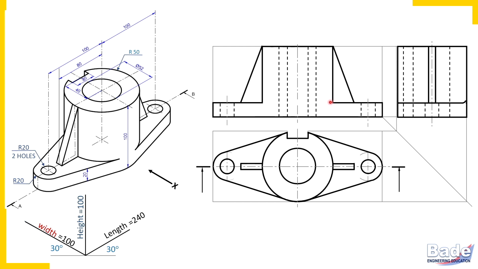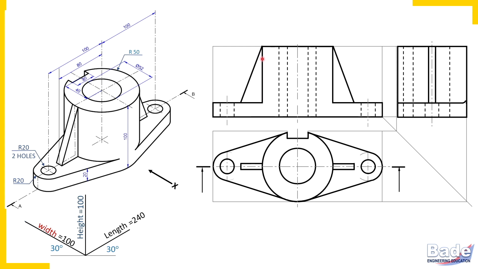So remember, the boundary between two portions is to be erased. It will not appear in sectional view. Now, triangular plate and cylinder. Is this line the boundary between cylinder and triangular plate? Yes.